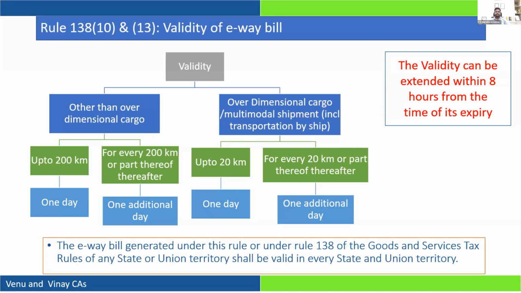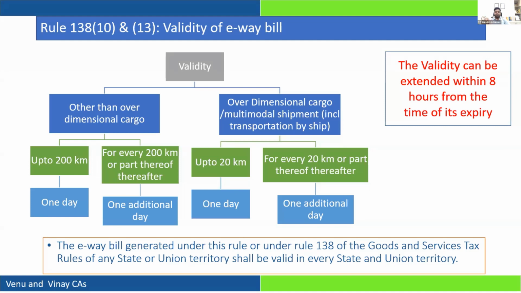Okay. So this is about the validity of the e-way bill. And one more option: how the distance gets measured. Just by giving the starting point pin and the end point pin, that is the consignor pin and consignee pin, the system will automatically calculate the distance between the to and from addresses.